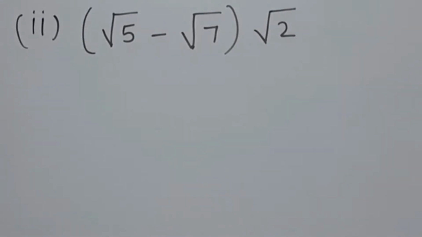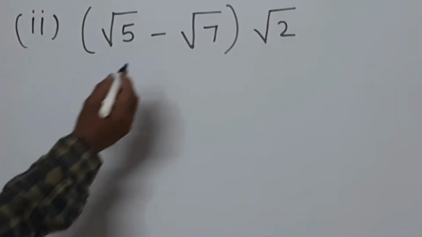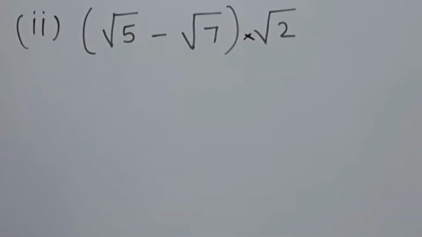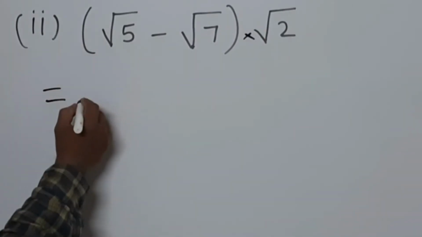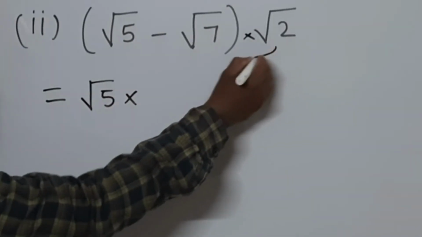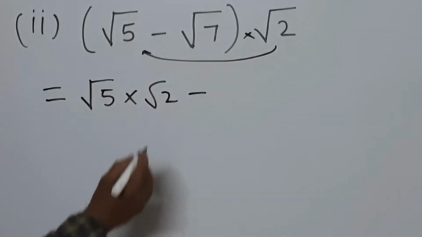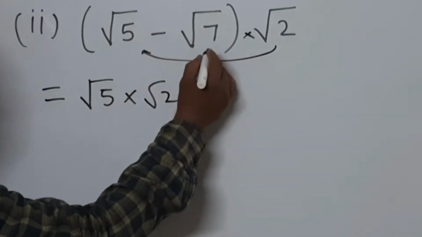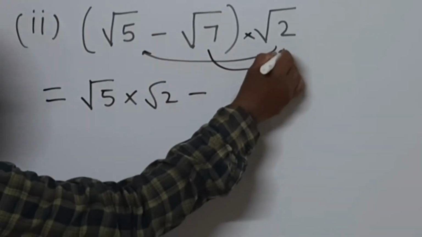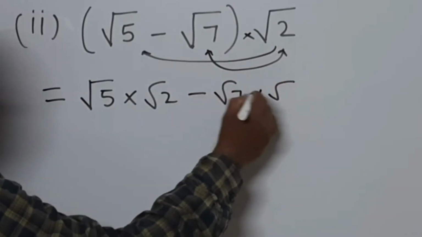Second example, in the bracket root 5 minus root 7 into root 2. It is equal to root 5 into root 2 minus root 7 into root 2.